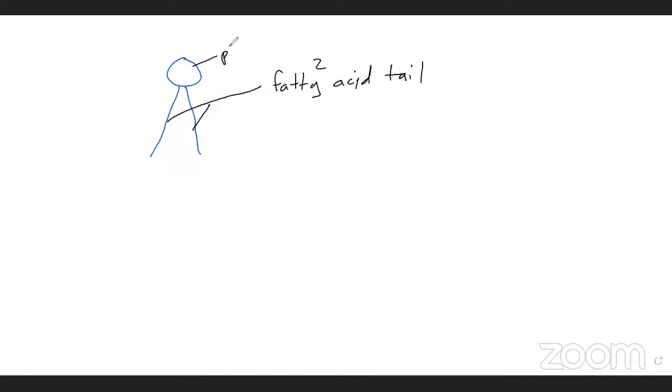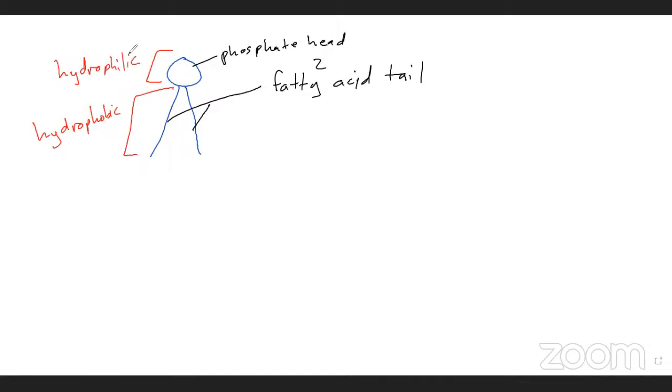Right. What if I told you to label it as hydrophobic and hydrophilic? Which part would be hydrophobic? The tails are hydrophobic and the head is hydrophilic. So this portion would be hydrophobic, and here would be hydrophilic, correct?